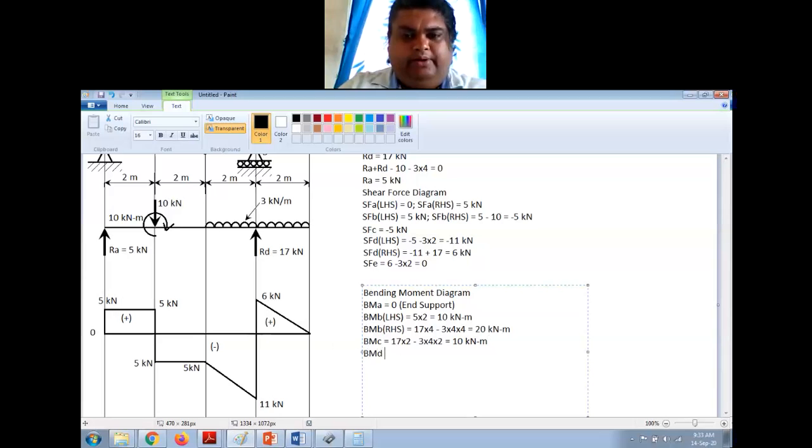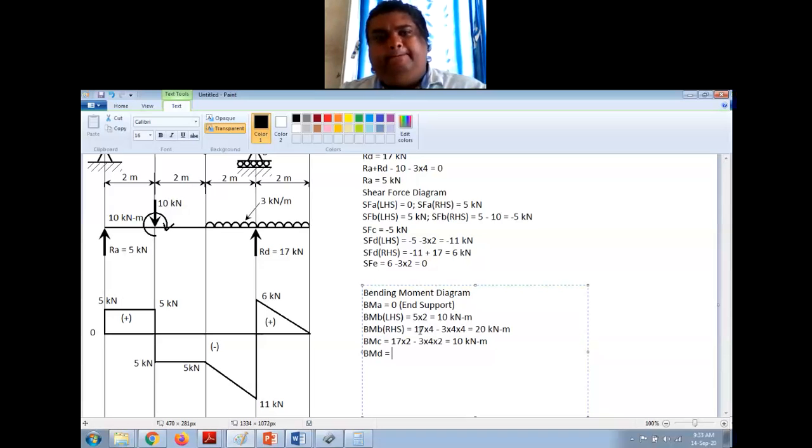I come to C and come to D. BMD is equal to, I'll take the right side because I have only this UDL, nothing else is there. On the left side you have so many forces. So this force is acting in downward direction, so it will be negative, correct?